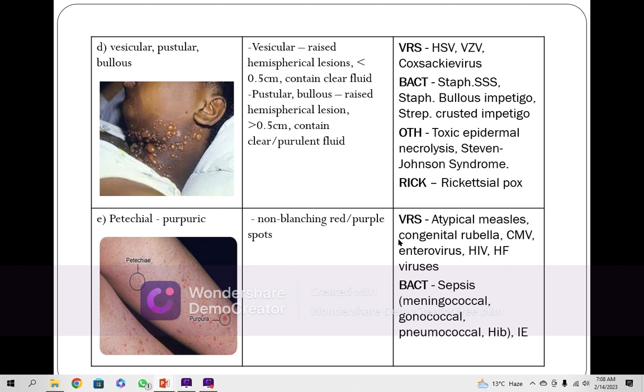But purpuric rashes can occur in atypical measles, congenital rubella, cytomegalovirus, enteroviruses, HIV, and herpes viruses, etc. Bacterial causes include sepsis, like meningococcemia, gonococcal infection, pneumococcal infection, and hepatitis B virus, and it can also be seen in other hemorrhagic types of fevers.